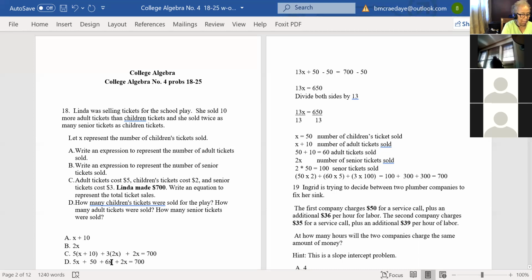Multiply it out, combine your like terms, get 13X equals 700 minus 50. That's 13X equals 650, and you solve for X. X is 50. So you can use this X is 50 to find out the adult tickets by adding 10 to the 50 for adults, and for the seniors, doubling it, 2 times X. All right. Questions on 18?